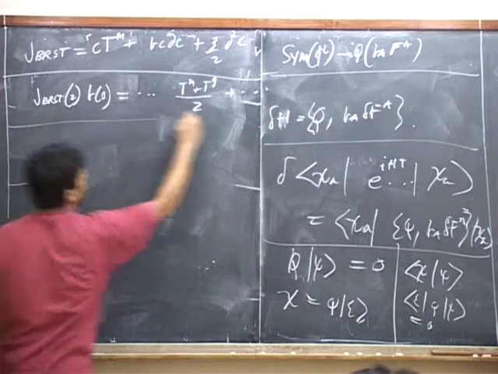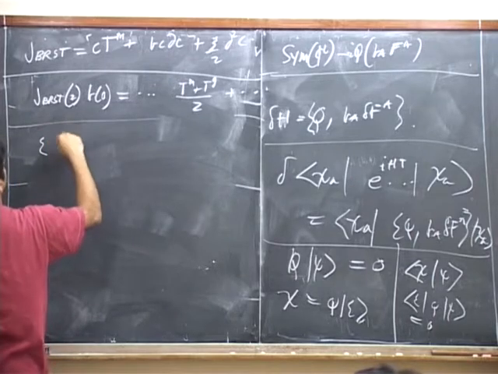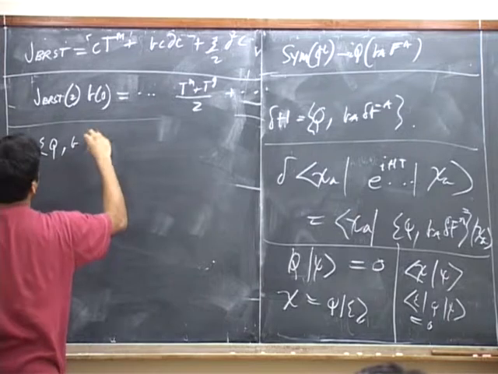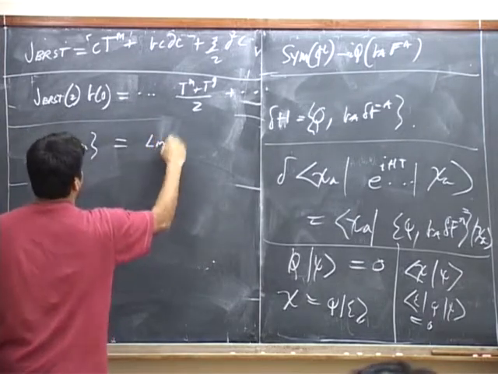Okay, and this in particular implied that Q with Bm was equal to Lm.